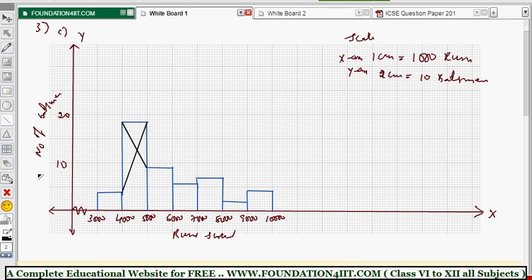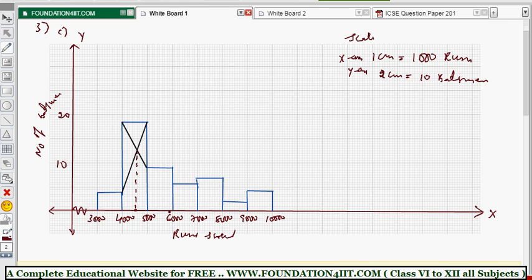Where these two lines coincide, from there we should take one dotted straight line down to where it touches the x-axis. So that is the mode here.